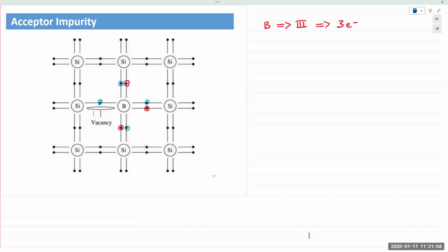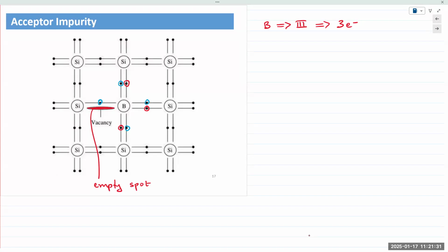Okay. The empty spot that is created, let's say this one right here, the empty spot itself does not have any charge. But because this empty spot will attract other electrons to come into its spot, it creates a positive charge somewhere else.